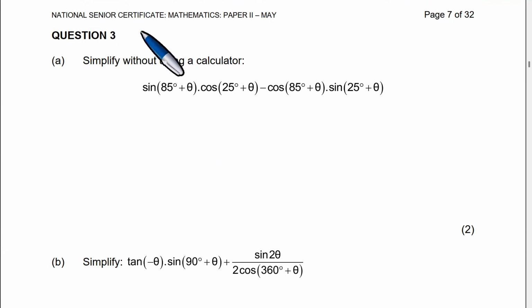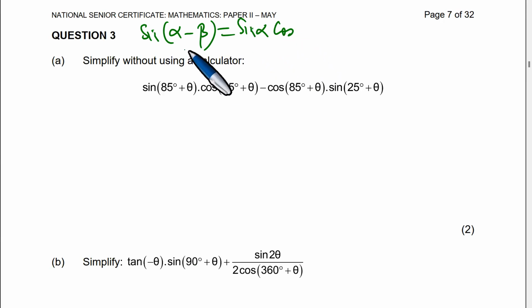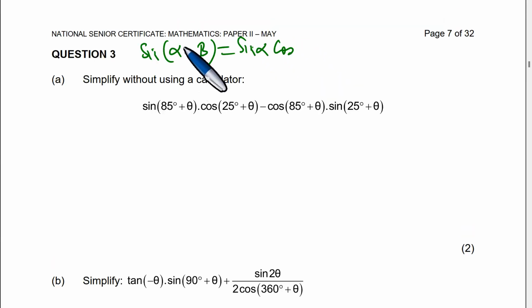I saw the sine 85. Yeah, okay, there's this one here that says sine of alpha minus beta. The sine of alpha minus beta is what? Is sine alpha cosine beta minus cosine alpha sine beta.